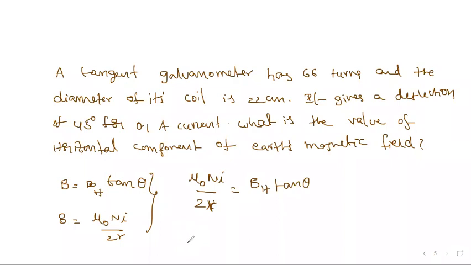So mu naught is 4 pi into 10 power minus 7 into the total number of turns, 66 turns given, into current 0.1, by 2 into R. What is R given here? The diameter is given, 22 centimeters.